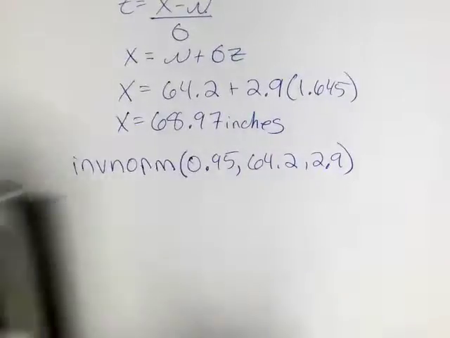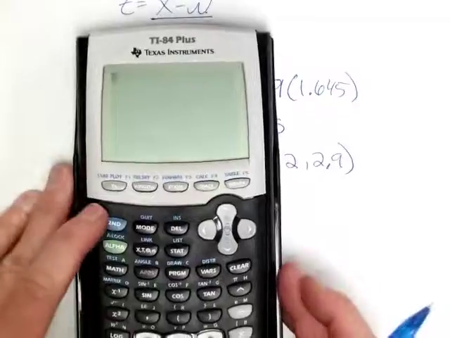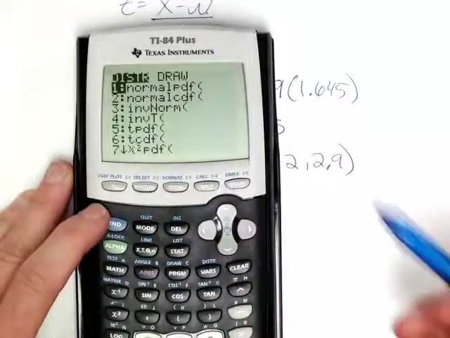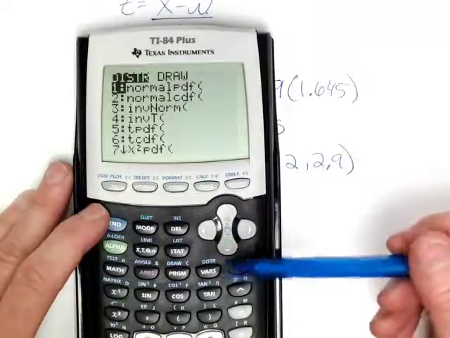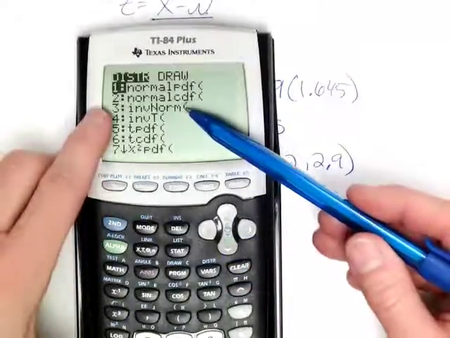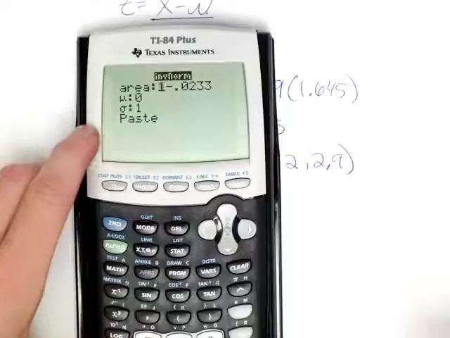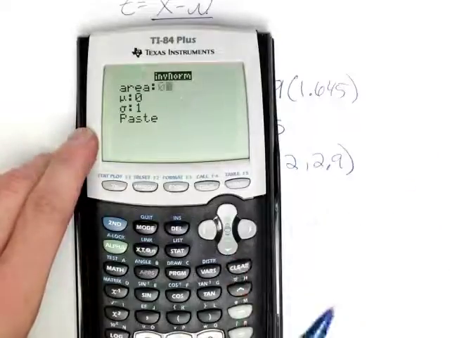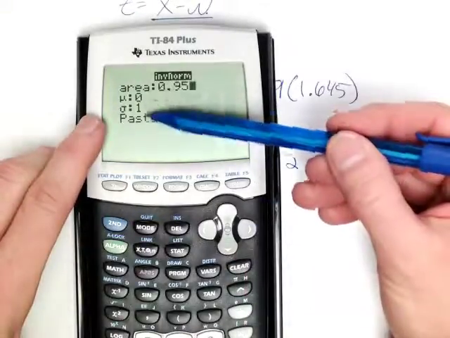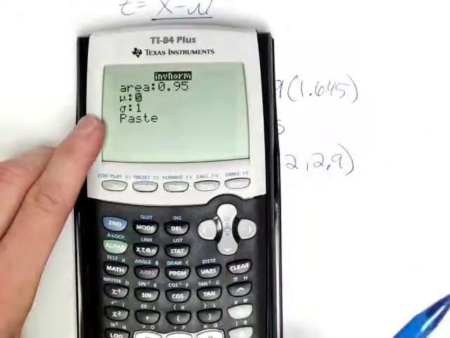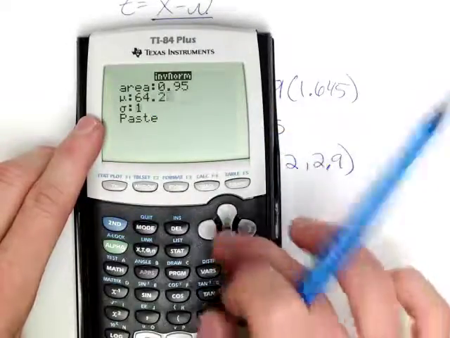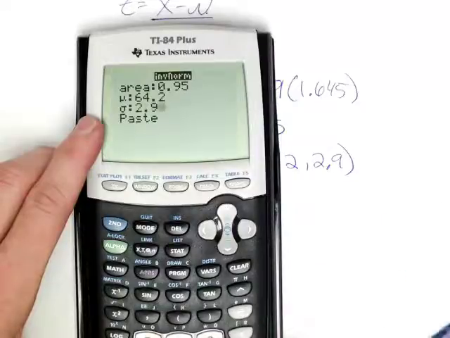On the newer calculator, we're going to go to the distribution menu, which is the same place as on all the TIs. We're going to go to inverse norm and put in the area of 0.95. Now here is where we can change mu and sigma. So mu is 64.2, sigma is 2.9.